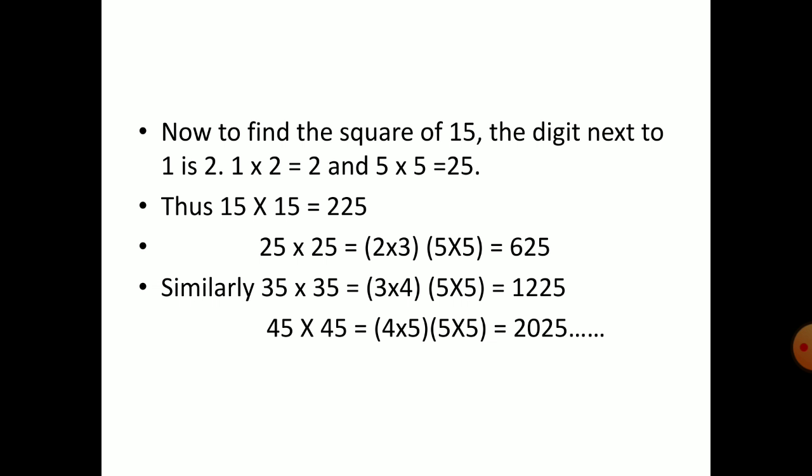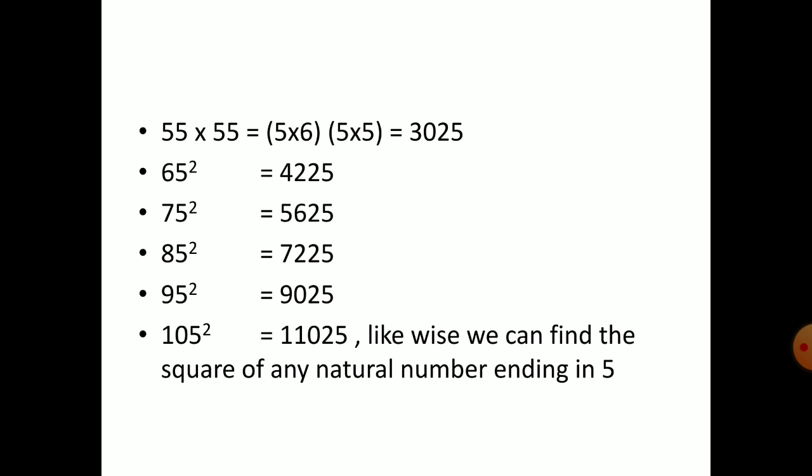Together it becomes 2025. So very fast we can find the value of 55 into 55. 5 6s are 30 and 5 5s are 25. The answer is 3025. Similarly, 65 square is 4225.